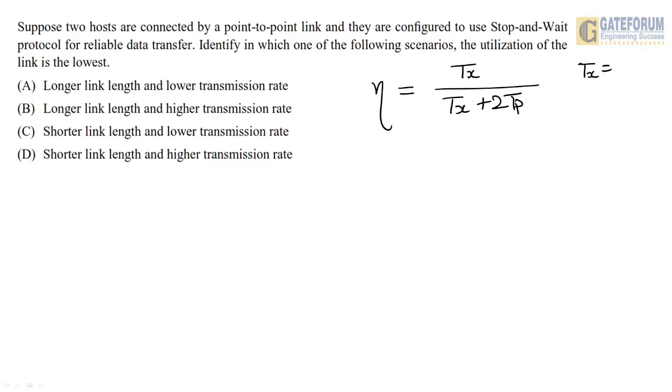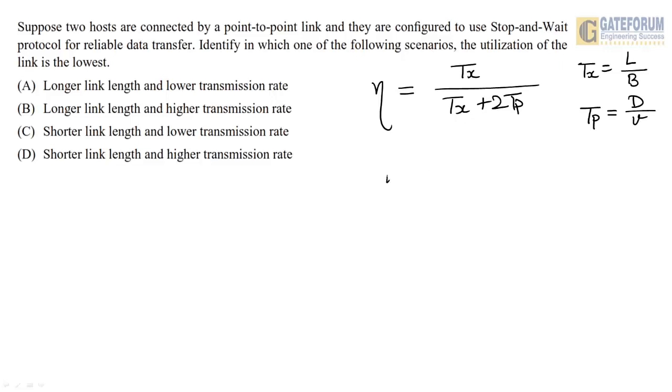Tx is the length of data divided by bandwidth, and Tp is the propagation delay, so distance divided by speed. Here L is the length of the packet divided by the bandwidth.